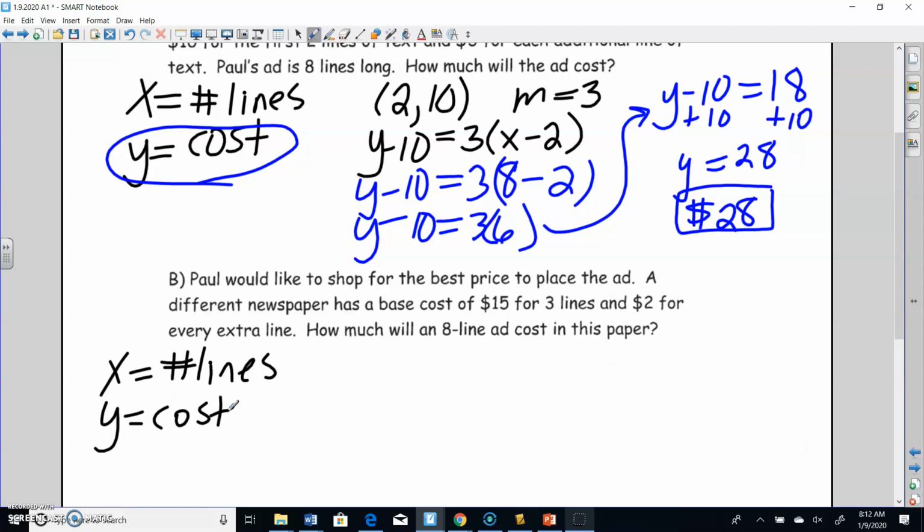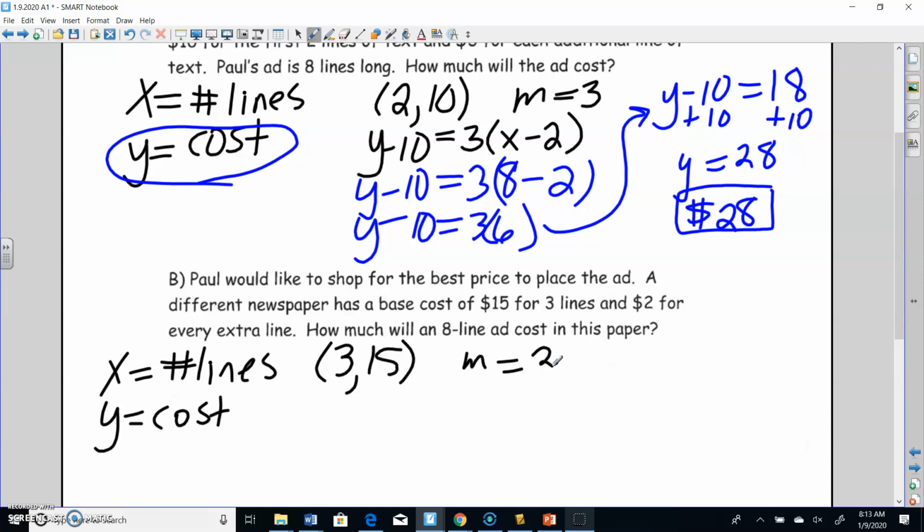The base cost. $15 for 3 lines. And so as an ordered pair, x goes first. x represents the lines, so we would put 3 lines. And y is the cost, so we would put 15 for y. And then what's the rate of change after that? $2, right? So that is our slope.